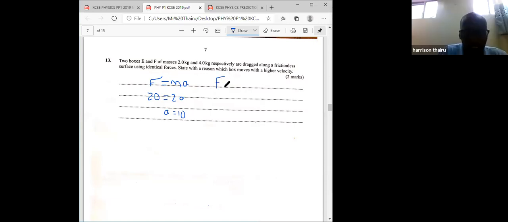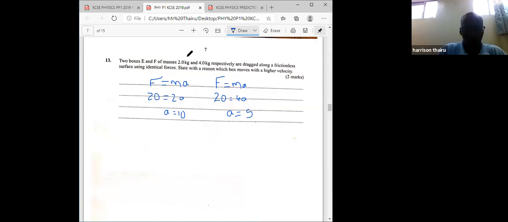Repeating the same formula, F equals MA, the same force of 20. Now we use the mass of 4. Therefore, 20 equals 4A, so our A equals 5.